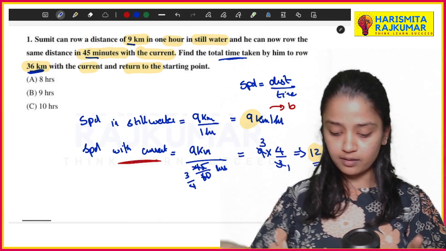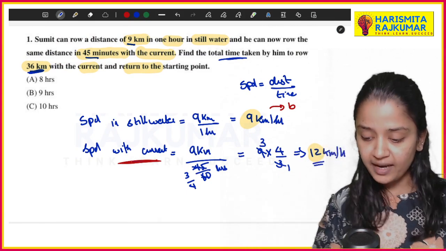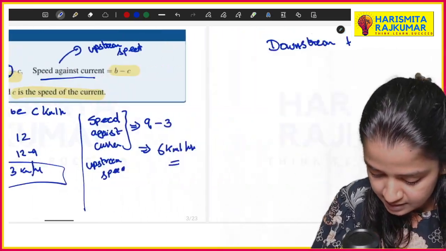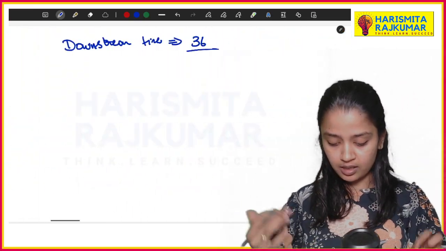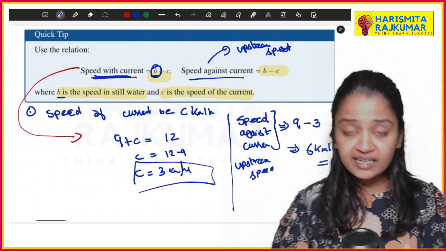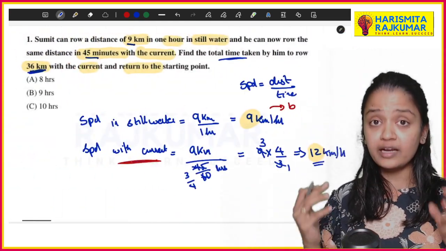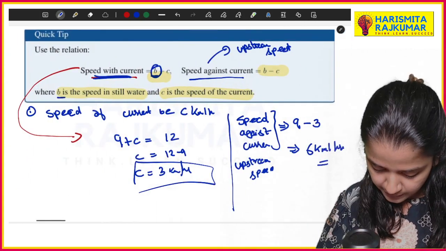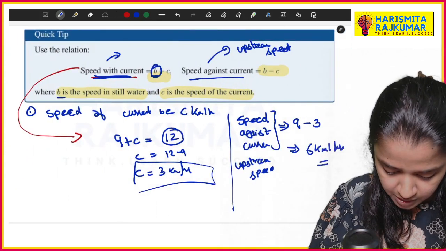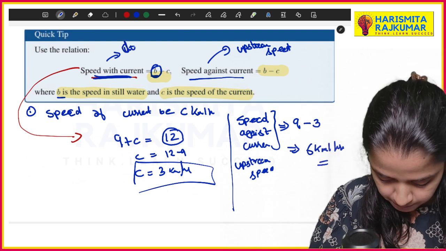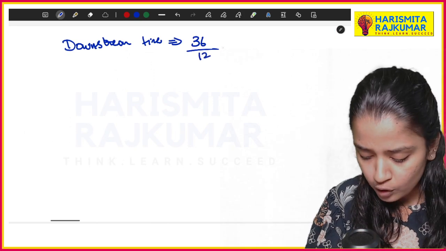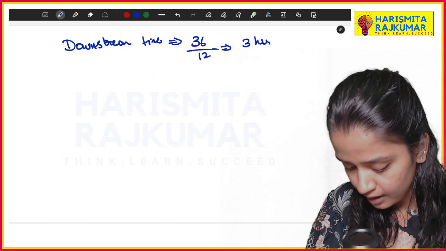Time is nothing but distance by speed. My distance here is given as 36. And what is my downstream speed? My downstream speed is nothing but 12. So this will be 3 hours.